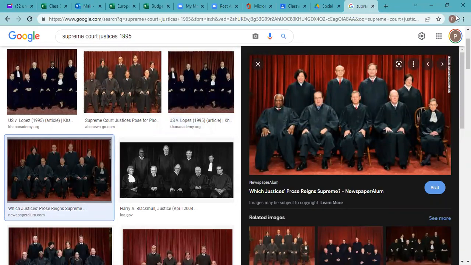I'm not sure if you can see this very well, but Ruth Bader Ginsburg is on the lower right-hand corner, and Supreme Court Justice Clarence Thomas, at this time, was the only African-American Supreme Court justice.